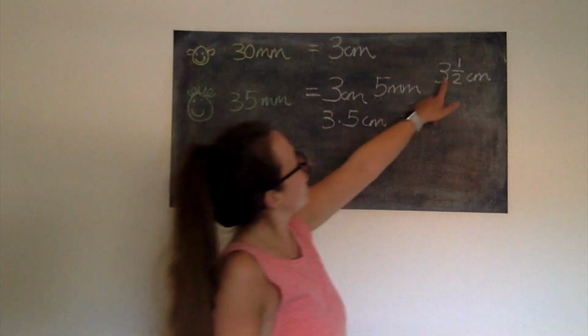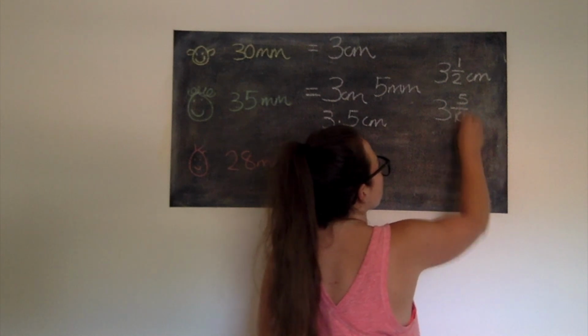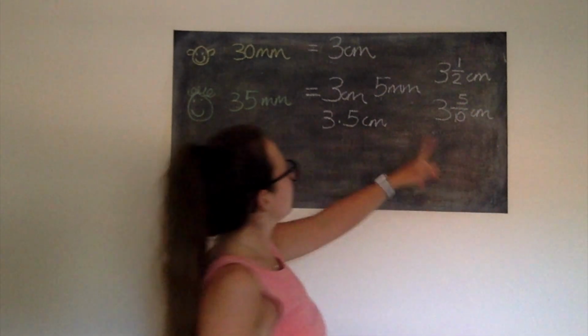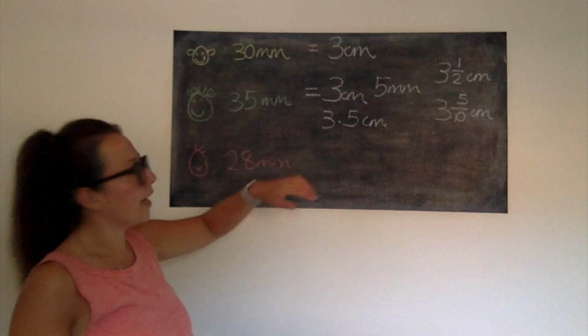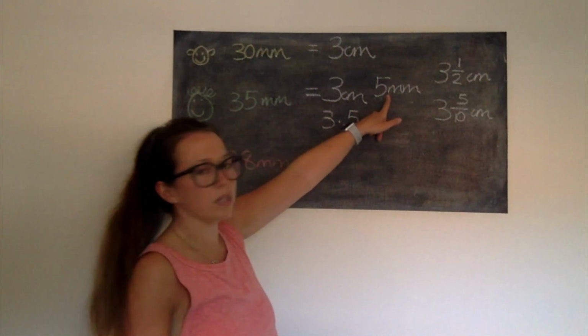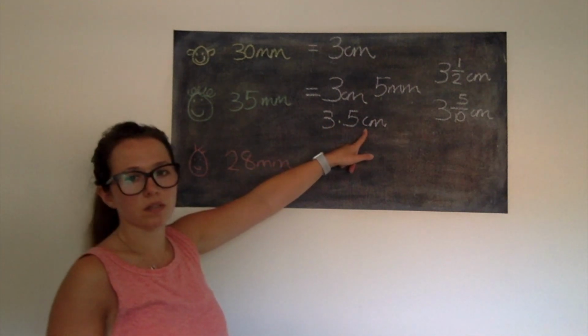And remember that's the same as writing 3 wholes and 5 tenths of a centimetre. It's exactly the same. All of those measures are exactly the same. Okay, so it's 3 centimetres and 5 millimetres, or we write that as 3.5 centimetres.